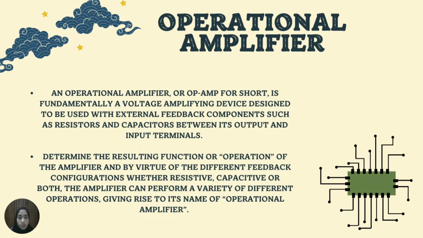An operational amplifier, or op-amp for short, is fundamentally a voltage amplifying device designed to be used with external feedback components such as resistors and capacitors between its output and input terminals. These feedback components determine the resulting function or operation of the amplifier, and by virtue of the different feedback configurations, whether resistive, capacitive, or both, the amplifier can perform a variety of different operations, giving rise to its name of operational amplifier.